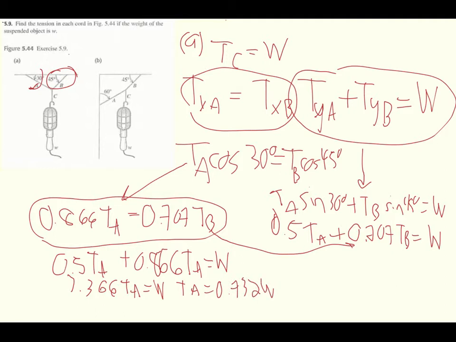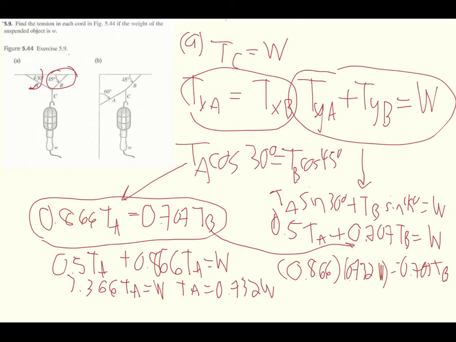And T_B, remember, is just going to be this relationship over here. So I can say 0.866 times 0.732 W equals 0.707 T_B.